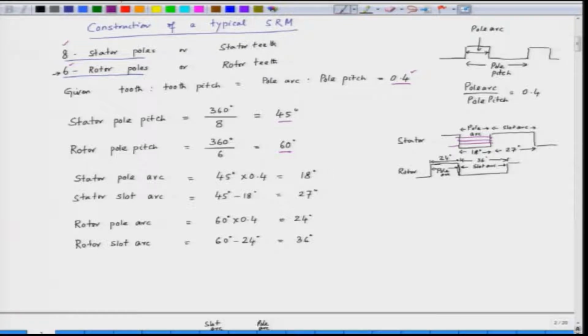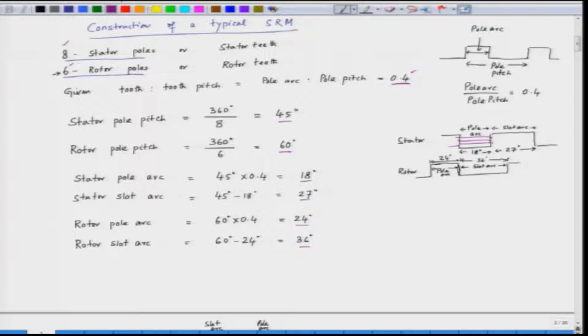The stator pole arc, as we have already said, is 40% of the pole pitch, so 45 degrees into 0.4 is 18 degrees, and the stator slot arc, what remains, is 27 degrees. Similarly, rotor pole arc is 60 degrees into 0.4, which is 24 degrees, and rotor slot arc is 60 degrees minus 24 degrees, which is 36 degrees.